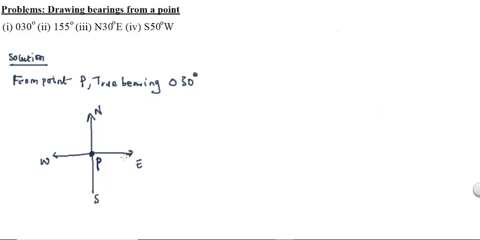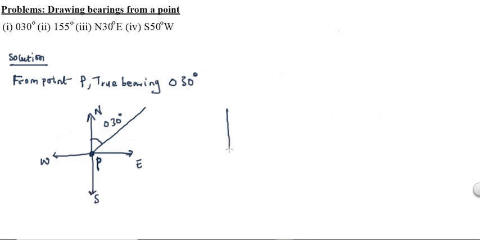Remember, this is teaching you how to draw bearings from a point. So if I have to draw the bearing of 30 degrees, that means from this point, I would measure an angle of 30 degrees in the clockwise direction. So this will look like this. So this is 30 degrees. Sometimes you can decide to write it without the west, the east, and the south.